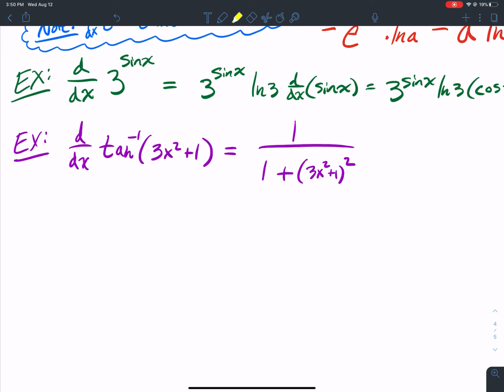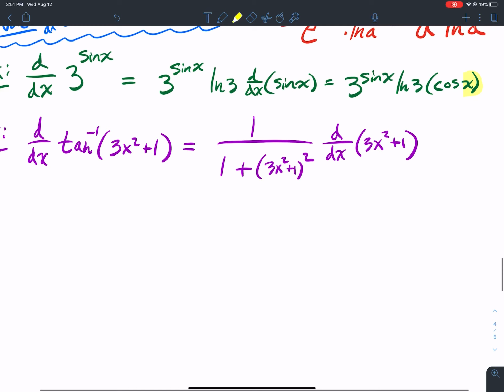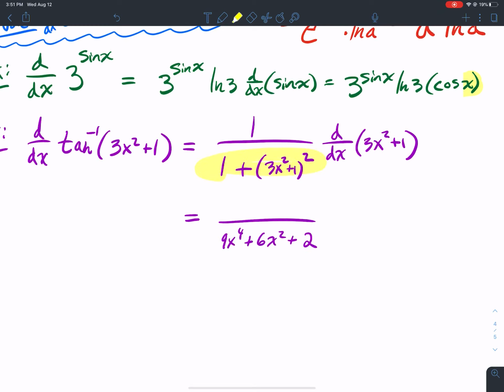Okay? But chain rule says after I take the derivative of arctangent of the stuff and get that, I have to multiply by the derivative of the stuff. What is the stuff? It's still 3x squared plus 1. Now, to simplify this, in the denominator, if I multiply this out, that's 1 plus 3x squared plus 1 times 3x squared plus 1. 3 and 3 make 9. x squared times x squared makes x to the 4th.